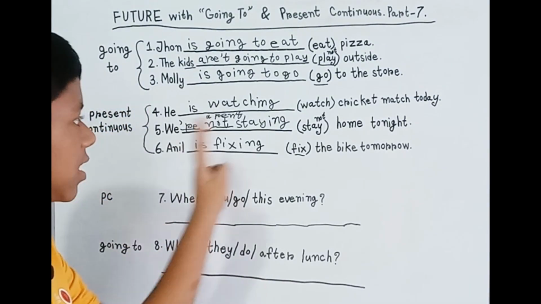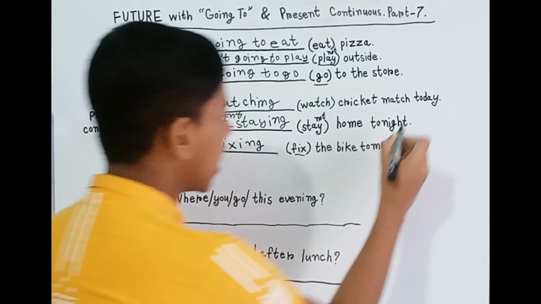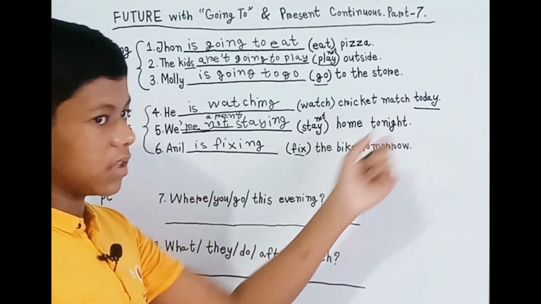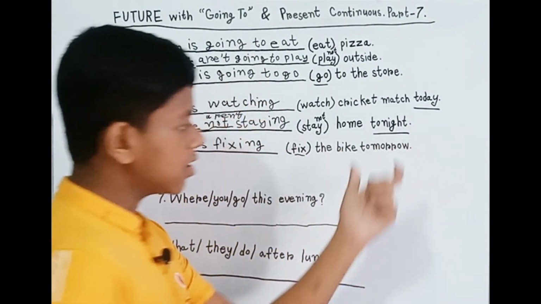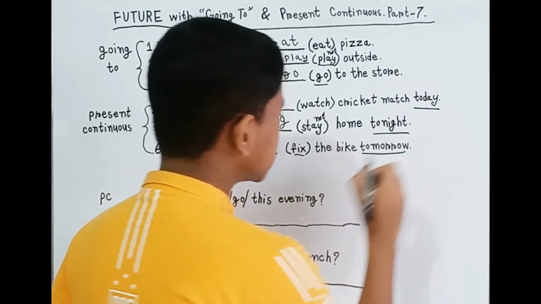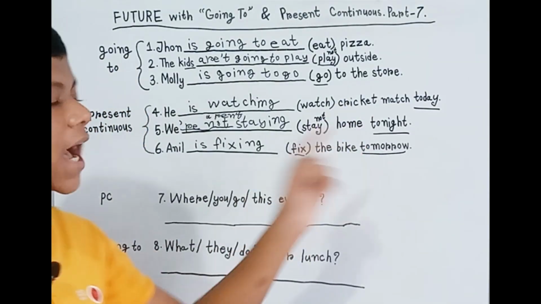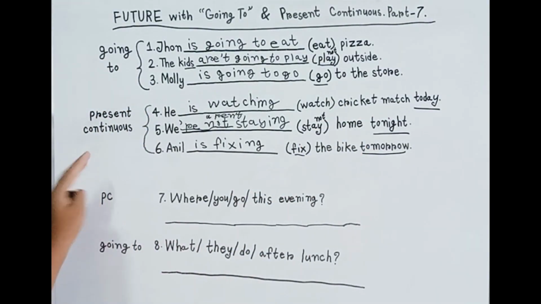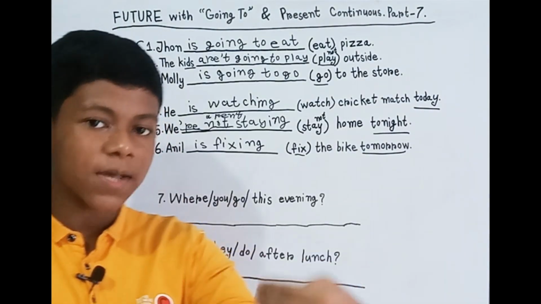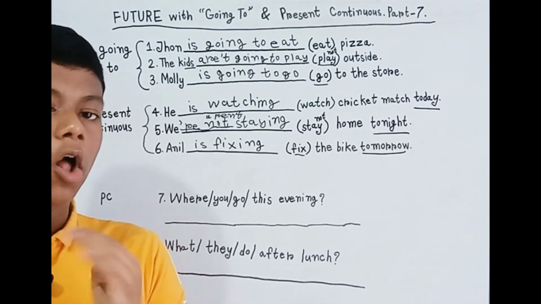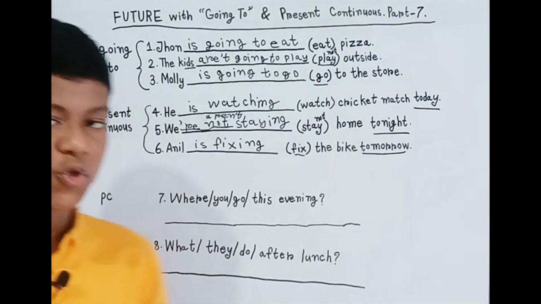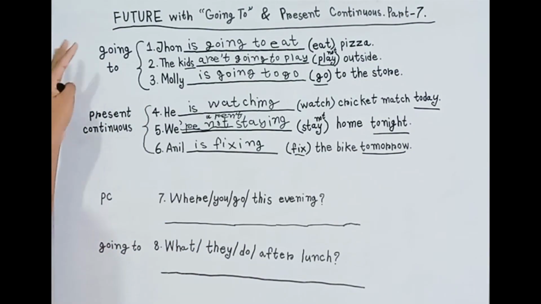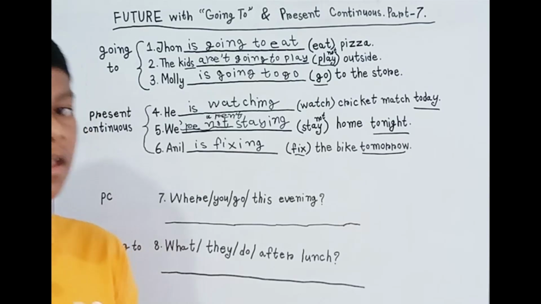For example, today, then tonight, then tomorrow. So these are the time markers. When you add the time markers with present continuous, it will also become the future.